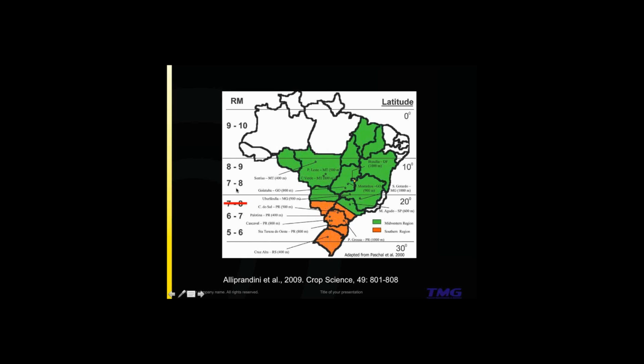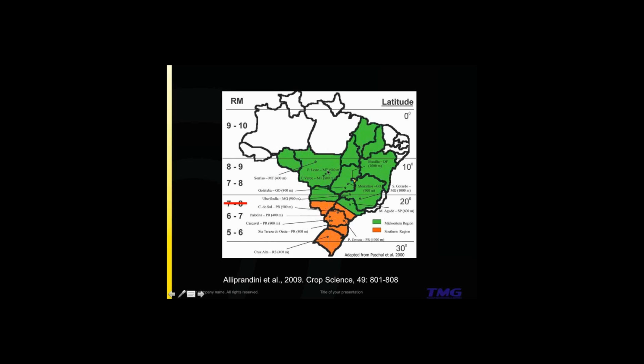This is an interesting point, Christine. You mentioned that here in Brazil, until 5 to 6 years ago, we essentially kept these 2 different regions, at least in our company, more separate. So we would breed things from southern Brazil, and we wouldn't cross much with materials from central Brazil.